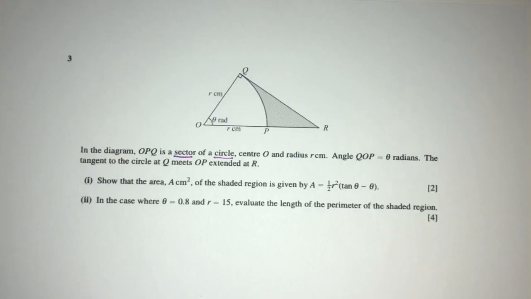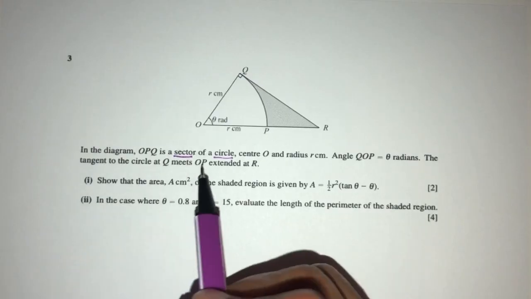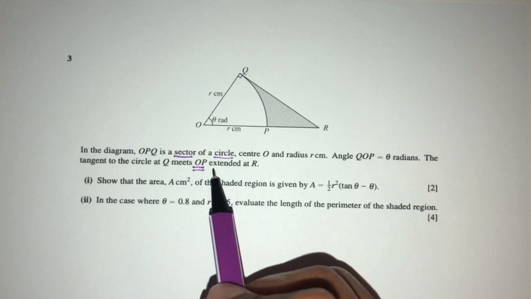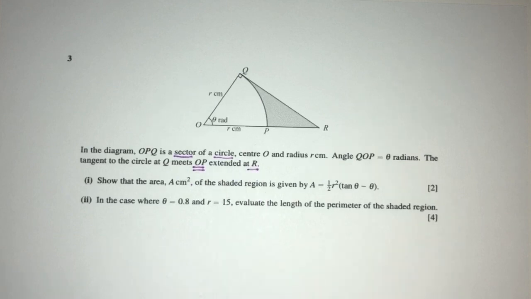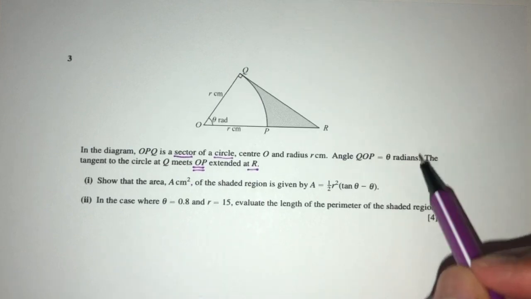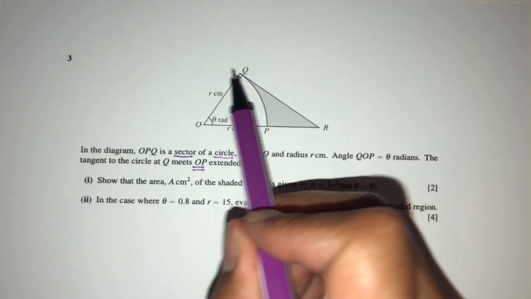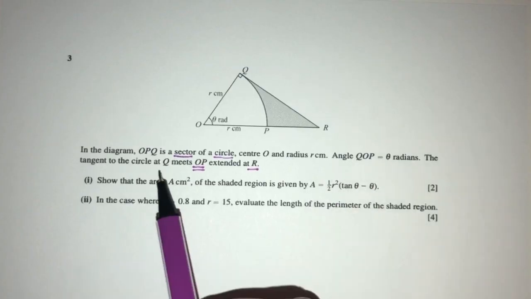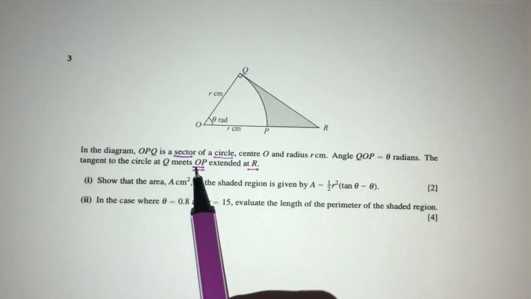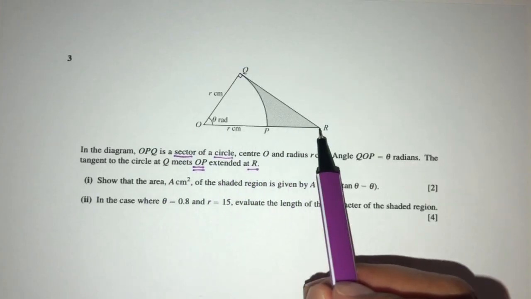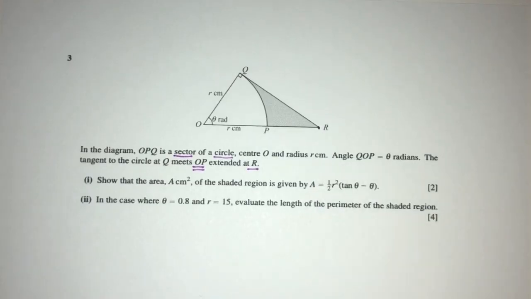The tangent to the circle at Q meets OP extended at R. So as you can see, it tells you that the tangent to the circle at Q, so here we have Q, and this is a tangent, it will meet OP continuing at this point. Okay, no big deal. We know this. These are the given information that we have as well on the diagram, right? So everything here is just the same thing given to you in this paragraph.